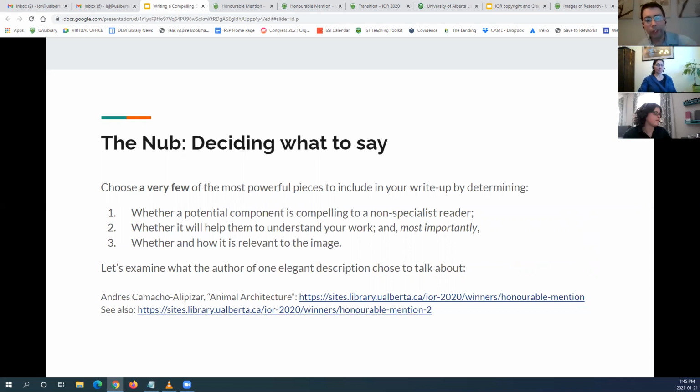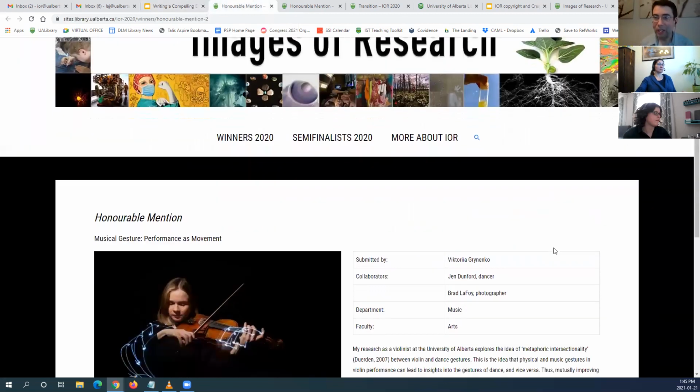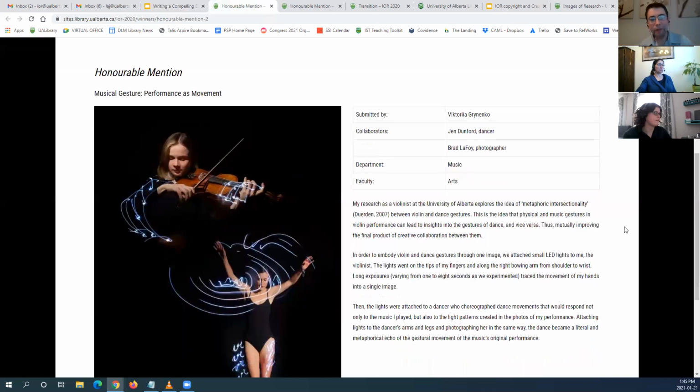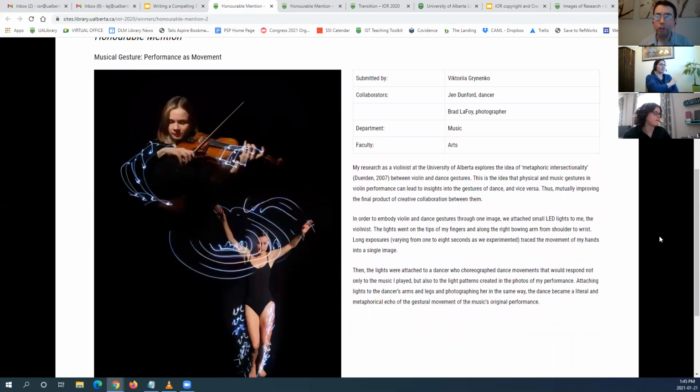We probably don't need to go to this today, but the link that I have there at the bottom links to another example performances movement. I'll put it in the references at the end of these slides so that you can see it. That goes to show that sometimes an author, given the nature of this image, has opted to talk about the research method and the method of putting together the image, because the nature of the image is such that it raises questions.